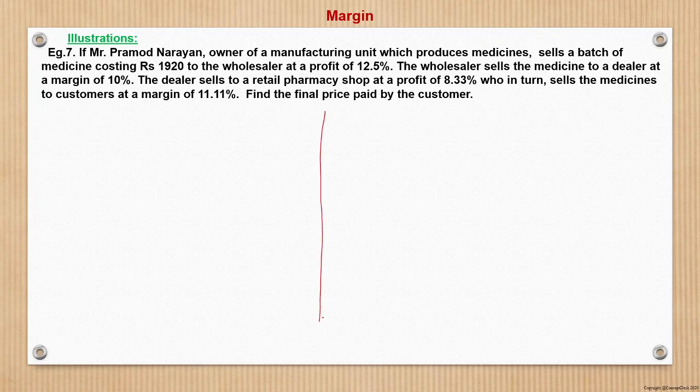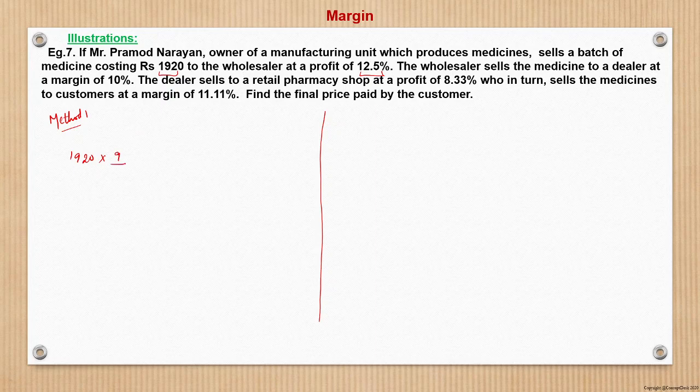So I will solve it using two methods. Method 1, directly I use. Now see, he's selling a batch of medicines which cost him 1920, right? So 1920 is the price at which he had bought, then he's selling to the wholesaler at a profit of 12.5. 12.5 is nothing but 1 by 8 of profit.